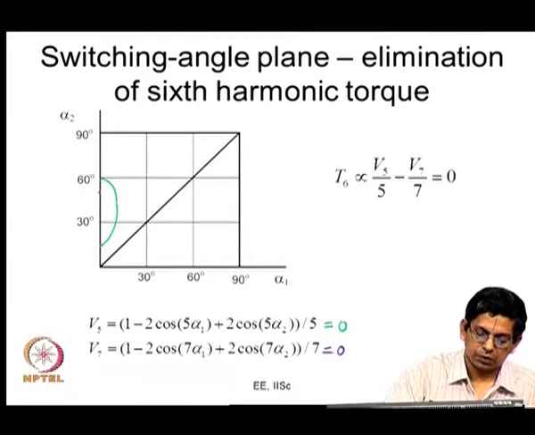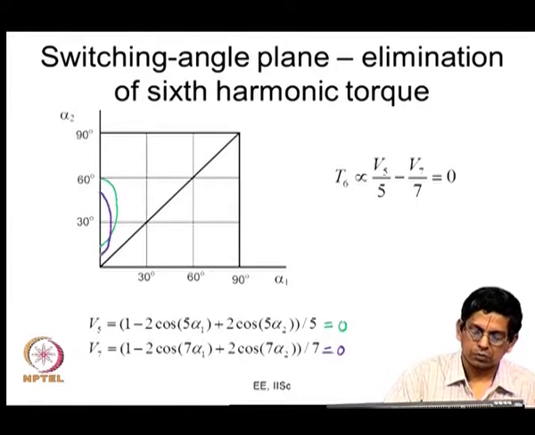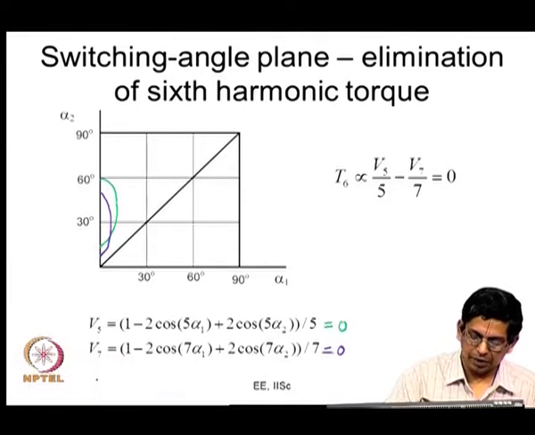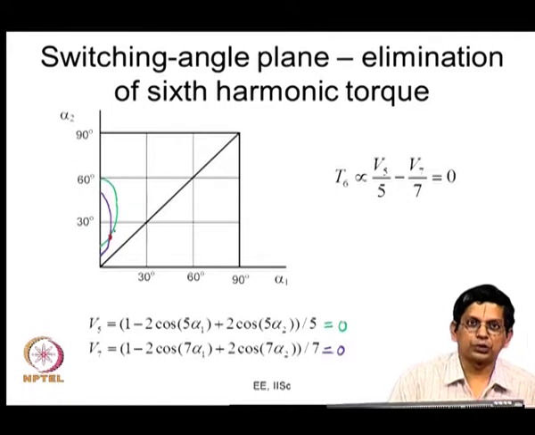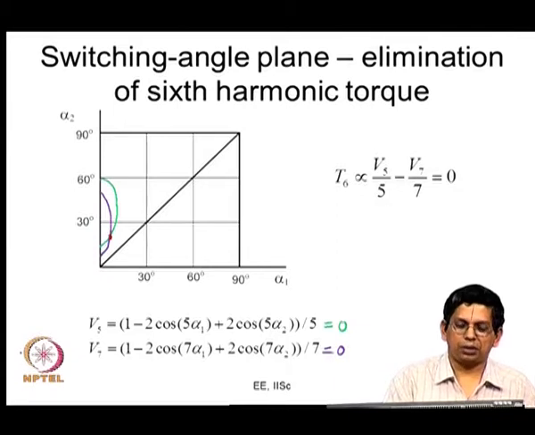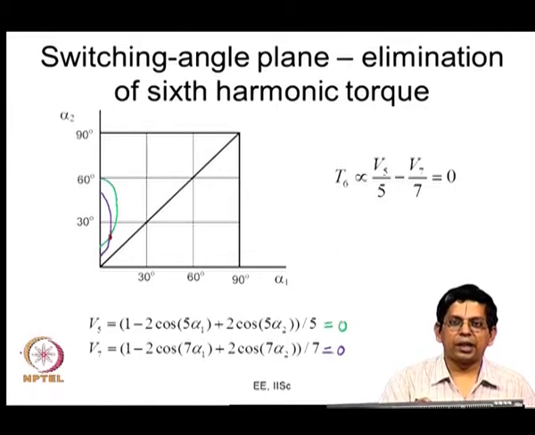This is like this. So, obviously, there is a point here where both V5 and V7 are equal to 0. At that point there is some modulation index, at that modulation index you are able to eliminate both fifth and seventh harmonic, but you can't do it everywhere, it is only there.